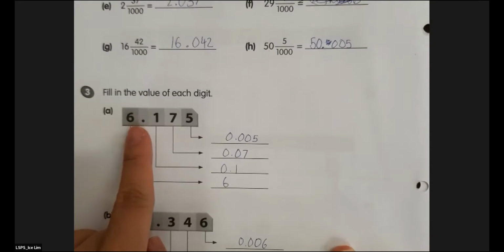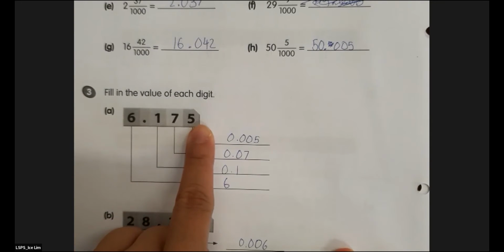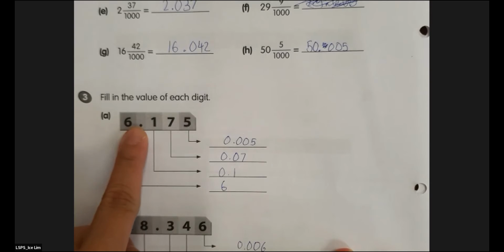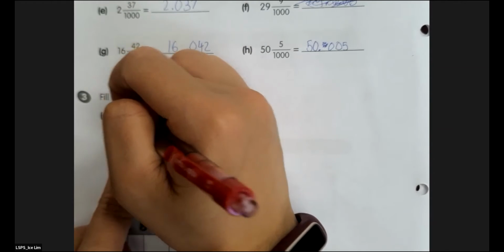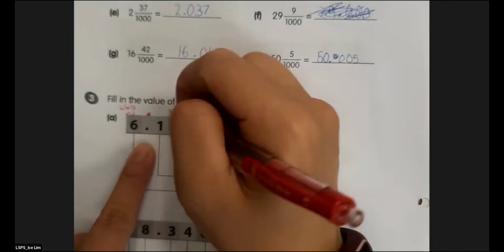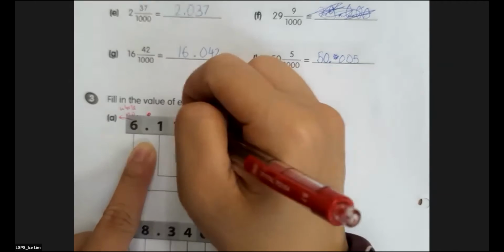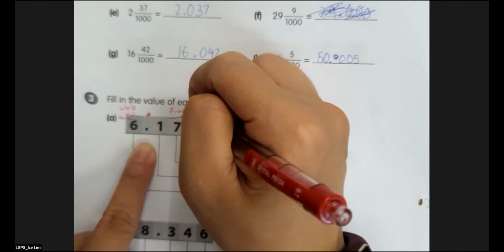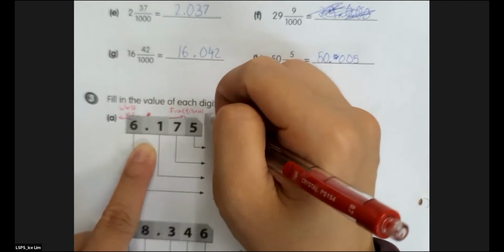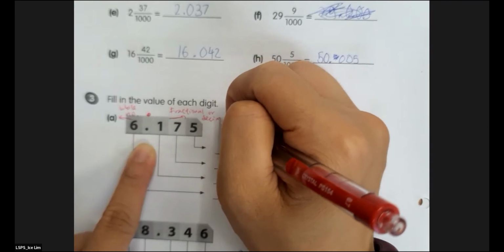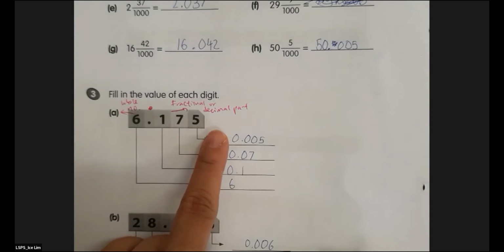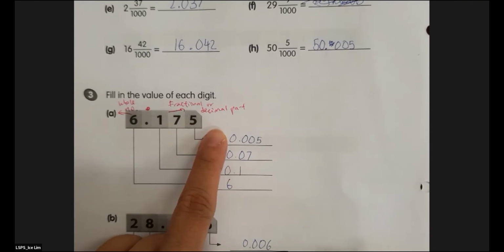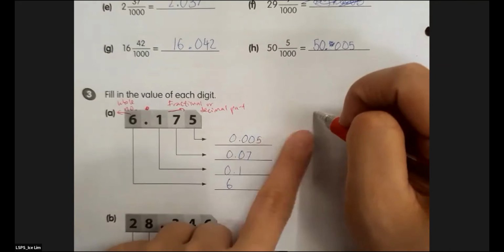Now the shortcut to this 6.175, the whole number stays. That's the whole number part. Here to the right is the fractional or decimal part. So I keep the whole number as it is.